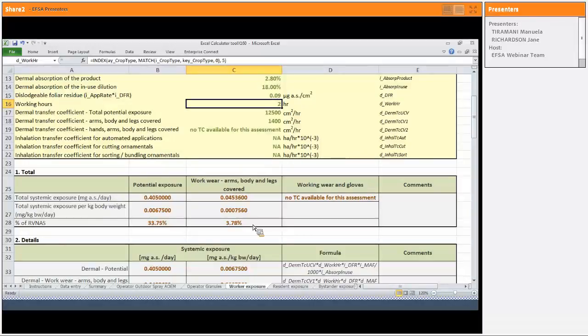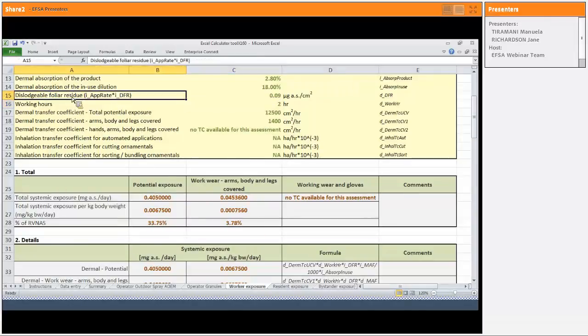And this is one of the levels of refinement that we not only need but encourage, because this would feed further the calculator and the guidance. Exactly, because you can see here that obviously the exposure is pretty much dependent on the application rate and the DFR. So if you have experimental data for a DFR, you could apply that in the calculator.